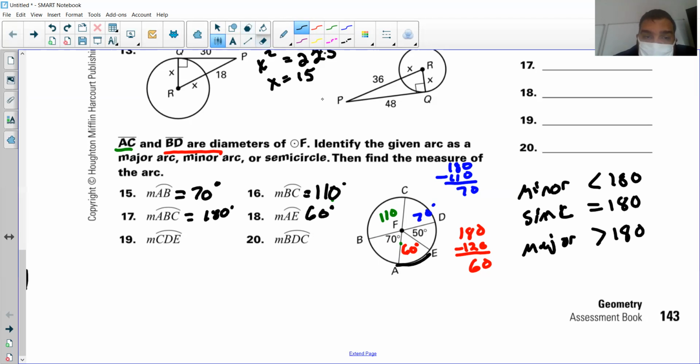CDE, so starting from C, going past D to E, 70 plus 50. 70 plus 50 is going to be 120. BDC, so starting at B, passing D, hitting C. So I've got to go this way and hit C. So I've got to add 70 plus 60 plus 50 plus 70.